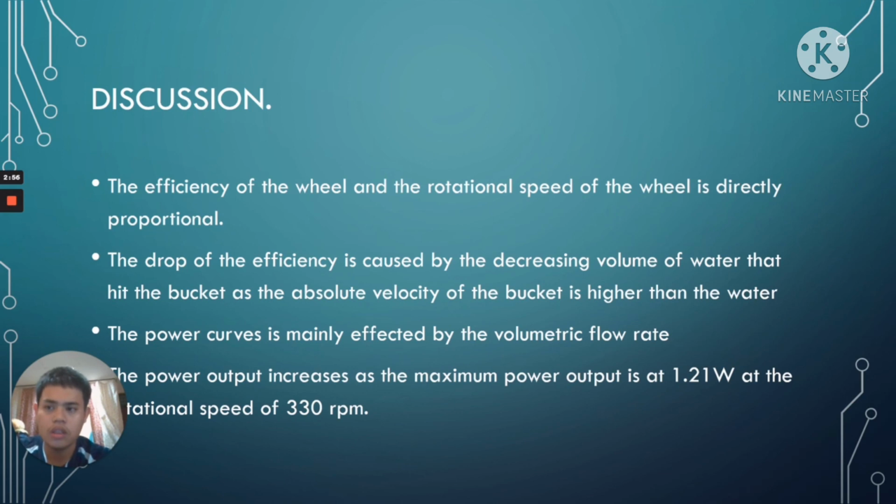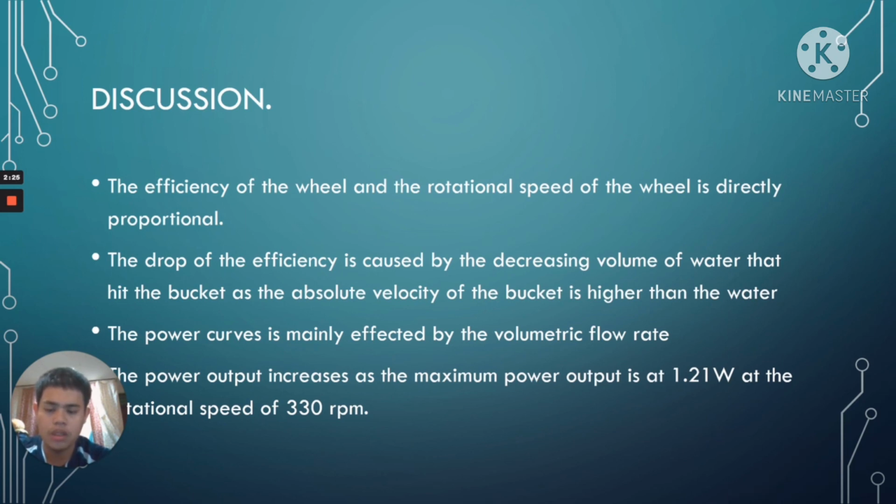For the discussion, the efficiency of the wheel and the rotational speed of the wheel are directly proportional. The drop in efficiency is caused by the decreasing volume of water that hits the bucket, as the absolute velocity of the bucket is higher than the water. The power curve is mainly affected by the volumetric flow rate. If more water hits the bucket, more power out will be generated from the experiment.